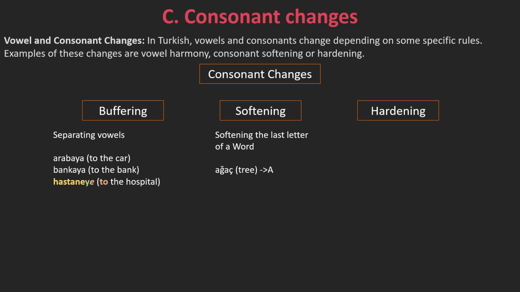Ağaç, and when you need to say to the tree, you will again use the two-way vowel harmony, so you will have, wait, ağaç, but you can't say ağaça because that sounds too hard. That's when the softening happens. Instead of saying ağaça, we need to say ağaca, like this.